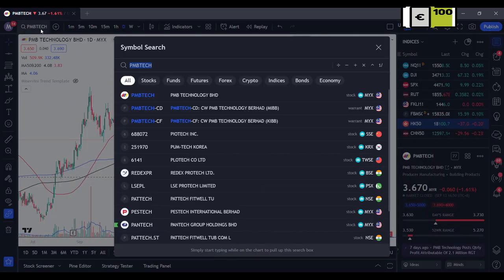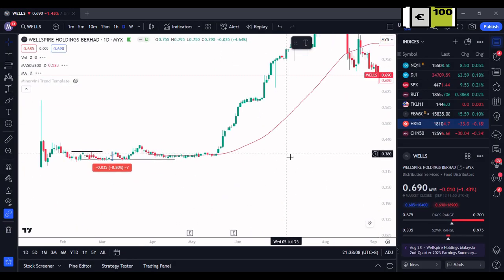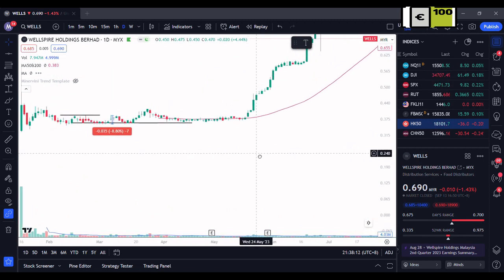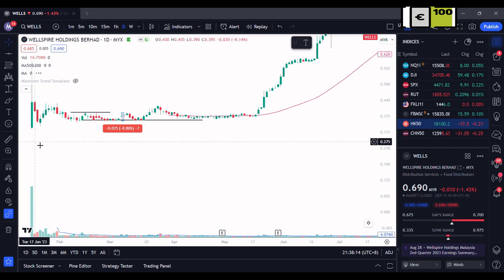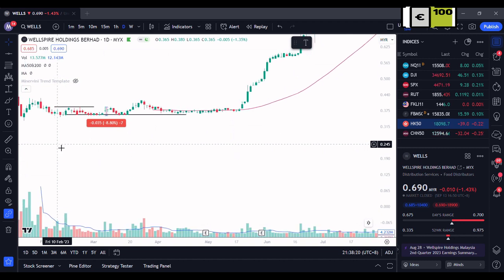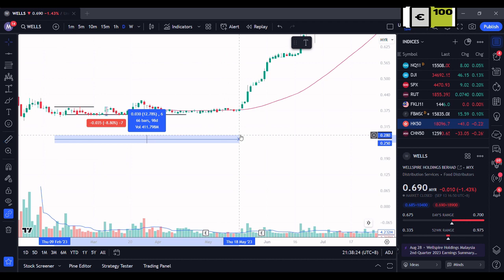The other stock that has a very nice base is actually Wells. If we do a case study on Wells, you can see the volume, we just put the first day volume out because the first day is like the IPO, everyone sells, buys, trades. If you look at the basing from this area all the way until here, the volume is exceptionally low.